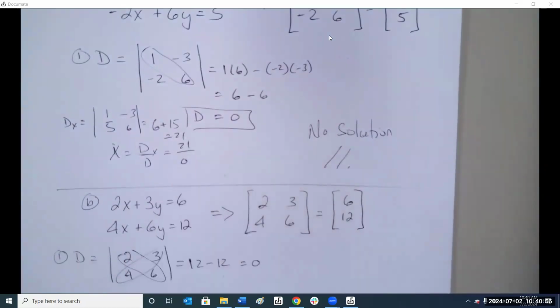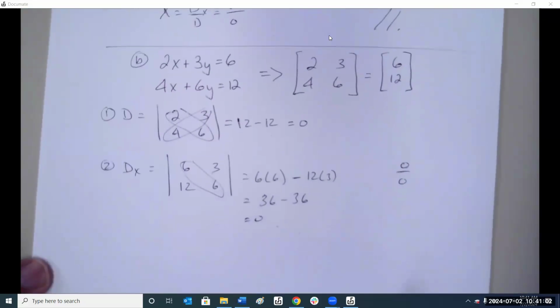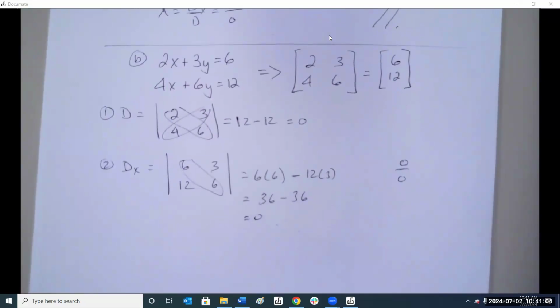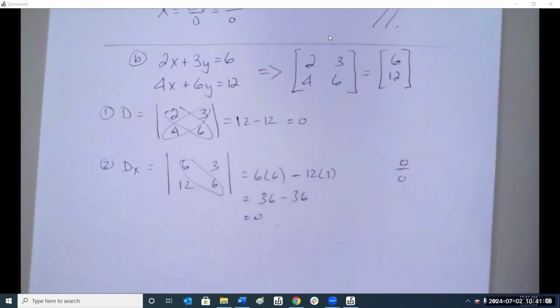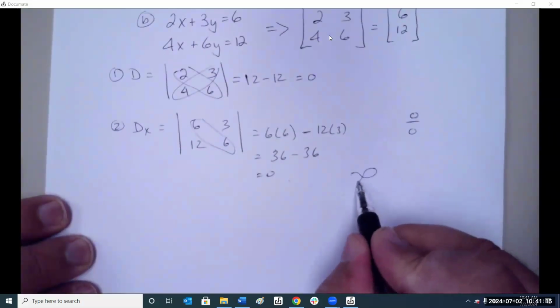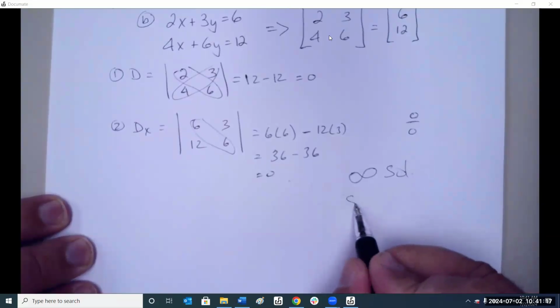That's why it's undefined. This one's 0 over 0, everything cancels. And you have the same thing with the y values also. So that's how you determine that it's infinite solutions. Same line.